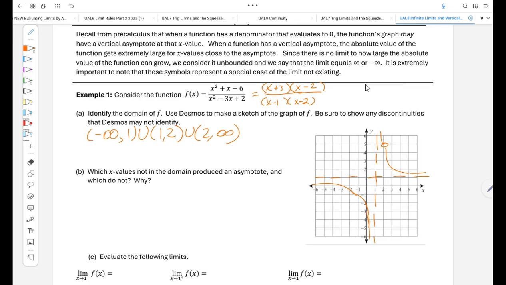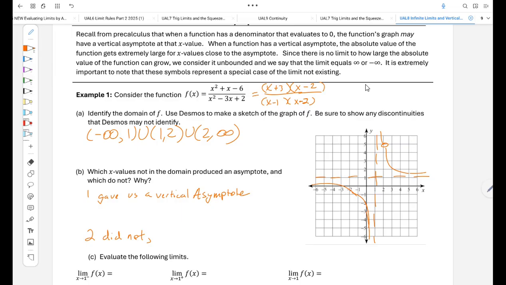So x equals 1 produced that vertical asymptote of x equals 1, but 2 didn't. And the reason why is, 1 gave us a vertical asymptote. Two did not.